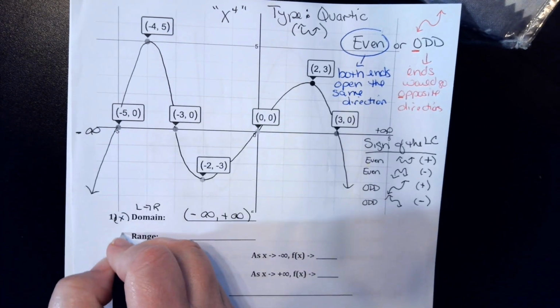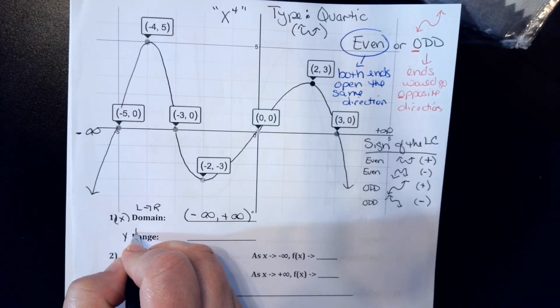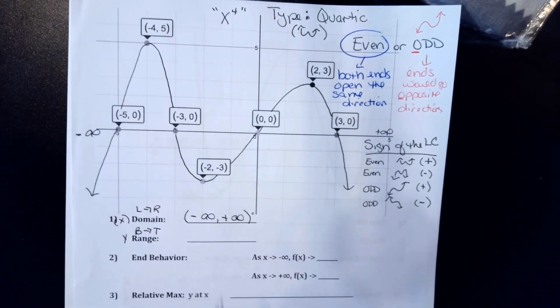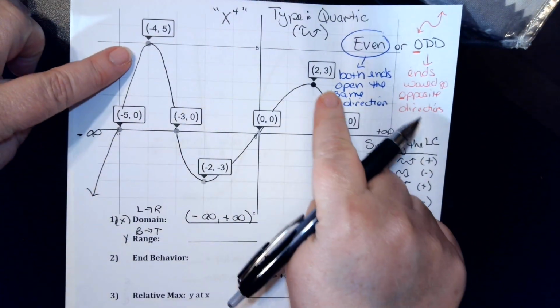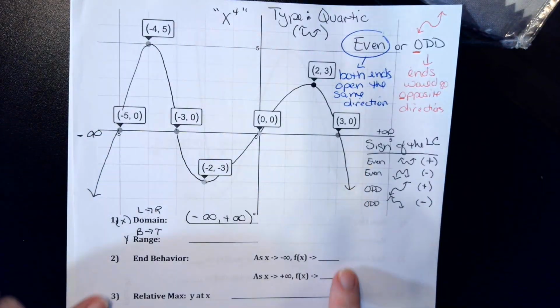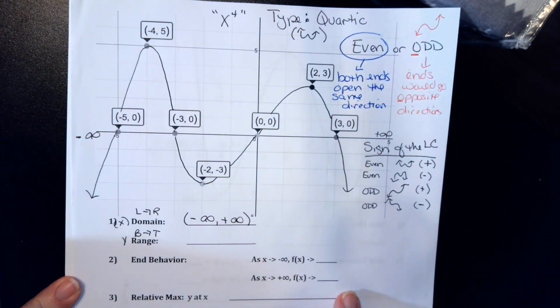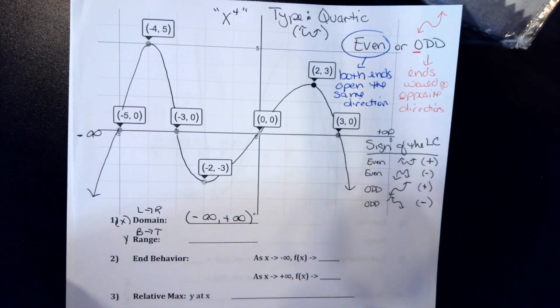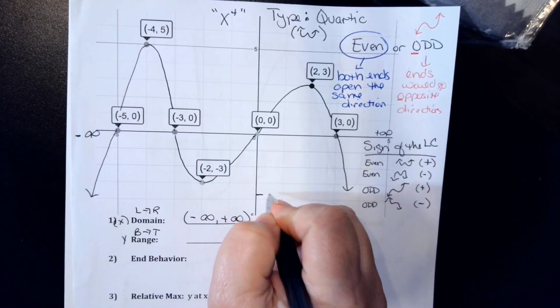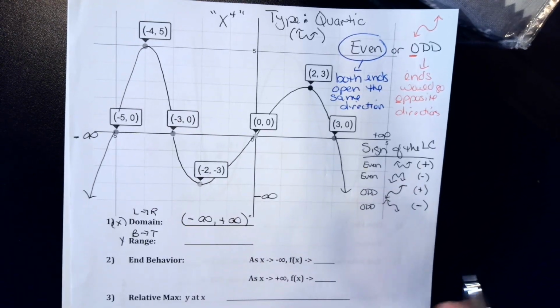The range deals with the y values, and it always goes from bottom to top. So look at this one. This one is going down forever. If it's going down forever, what is forever in math? It's infinity, right? And down is negative, so this one is going to negative infinity.